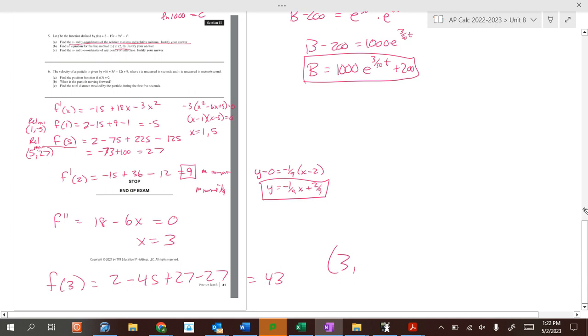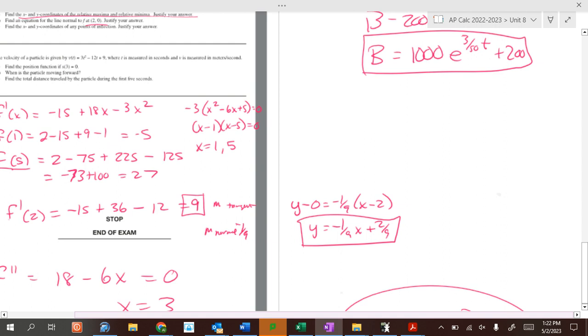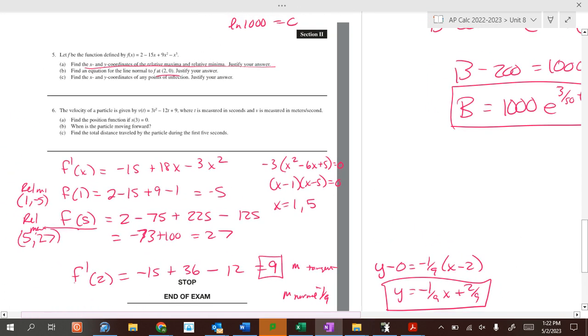Oh, this is 81. There we go. So 2 minus 45 is negative 43, plus 81 minus 27 is 11, 311. So yeah, I would have missed a point there because I made a stupid math error. Okay, but I would have gotten 8 of my 9 points there.